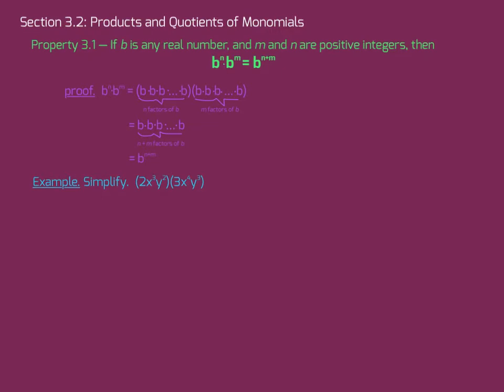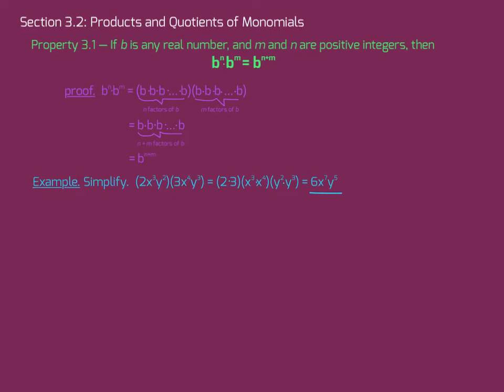Remember those associative and commutative properties we learned. So I'm going to switch the order of things so that my numbers are together, my x's are together, and my y's are together, and then I can simplify using property 3.1. This is going to give me a final answer of 6x to the 7th, y to the 5th.